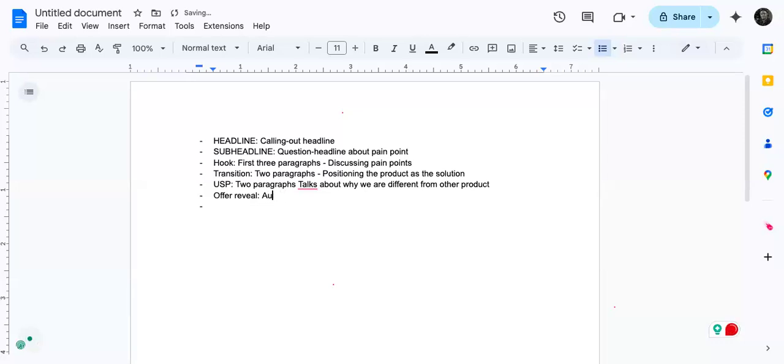Let's put borrowed authority. Authority from the publishing house. Well, we understand that there's something called borrowed authority. Authority building using why.